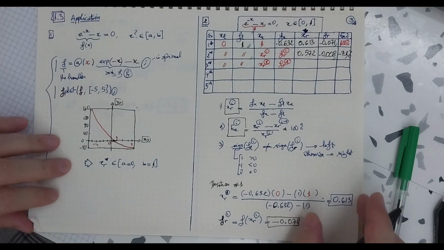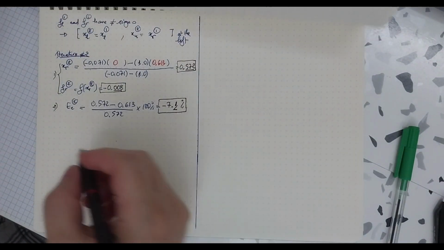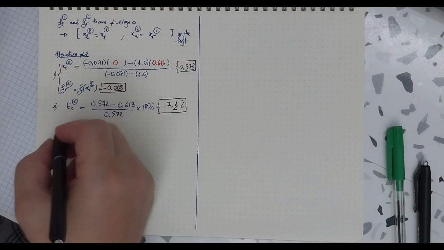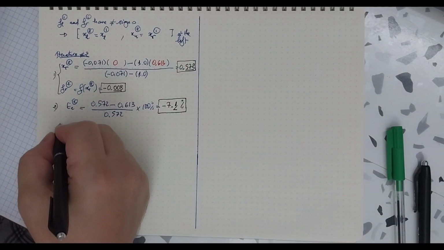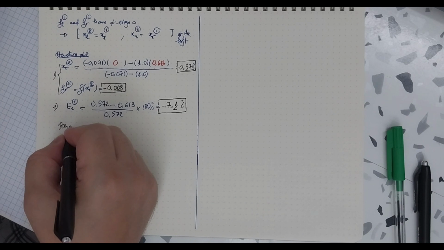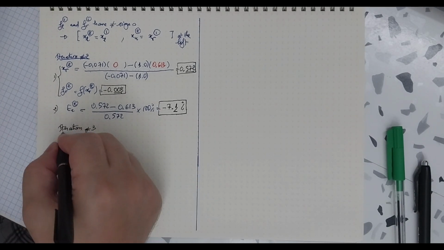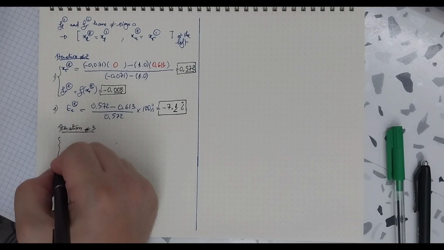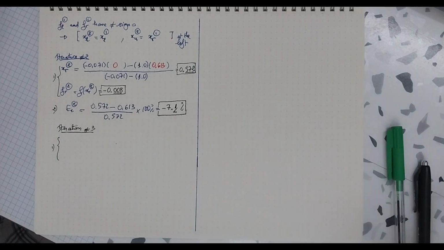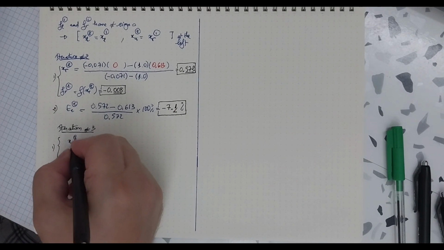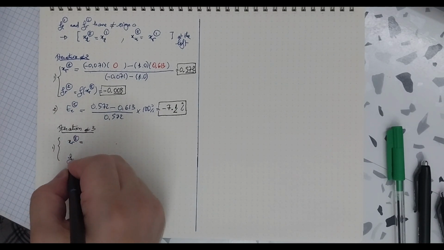And let's go to the third iteration, iteration number 3. You will see it's the last iteration. Let's calculate XR3 and its image.